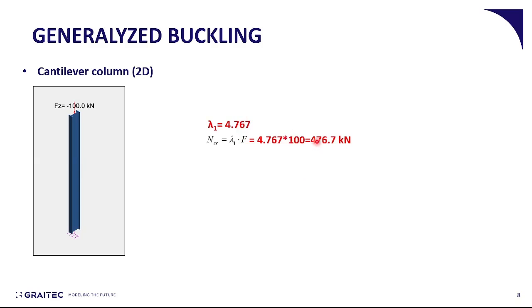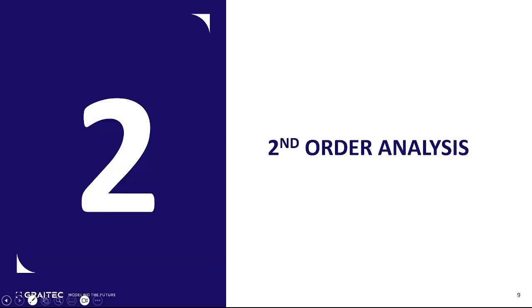So basically, at 456.7 kilonewtons, this cantilever column is going to be buckled with the mode 1 of buckling. Let's move now to the second order analysis.